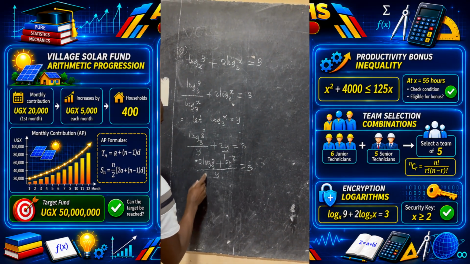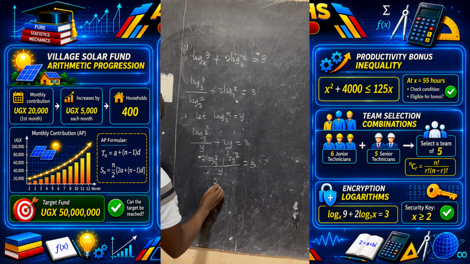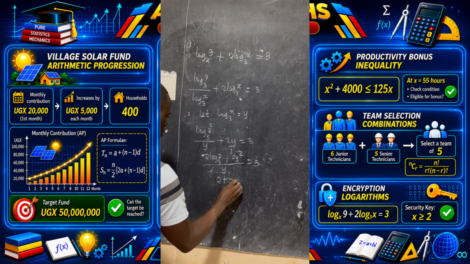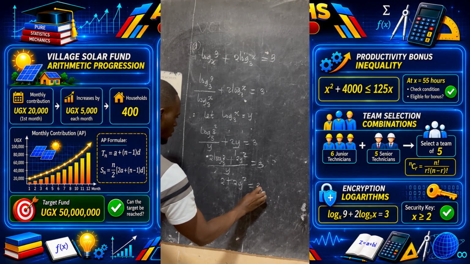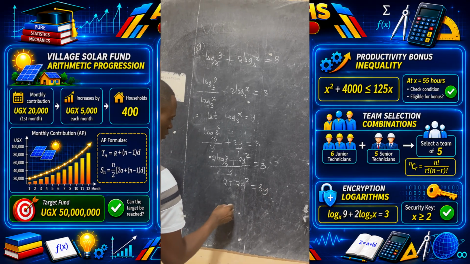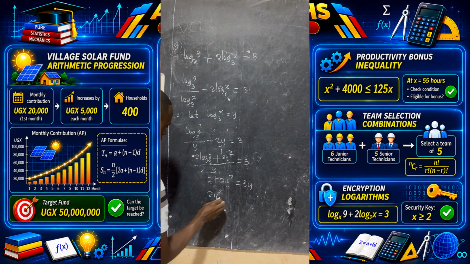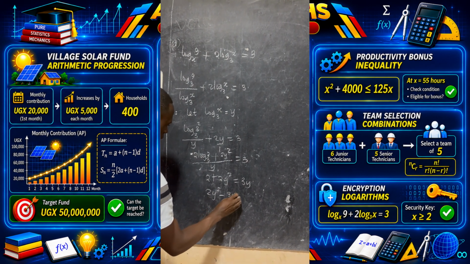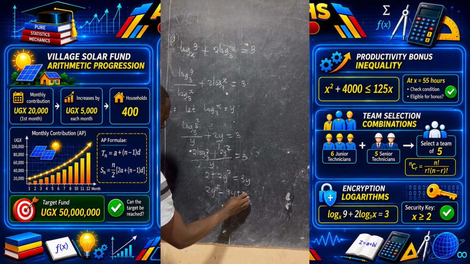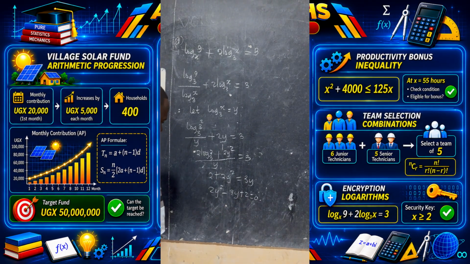Then multiply the y to the other side. Log 3 of 3 is a 1, so this is 2 plus 2y squared is equal to 3y. Bring the 3y this side, and we have 2y squared minus 3y plus 2 is equal to 0.